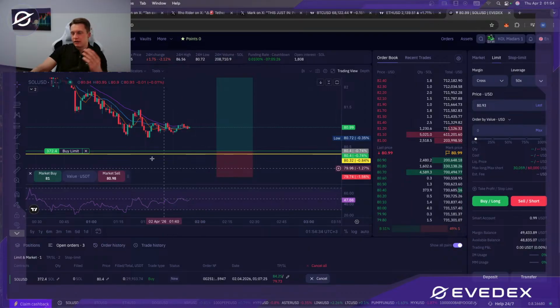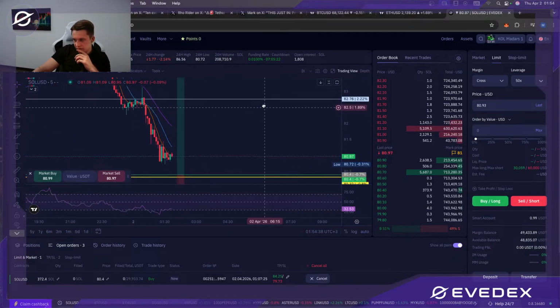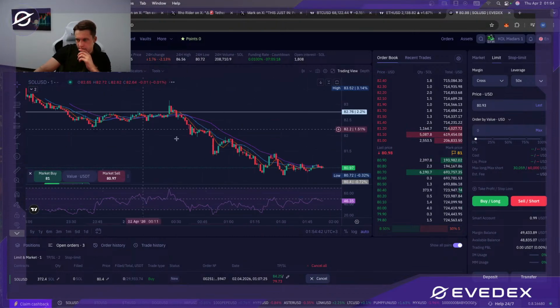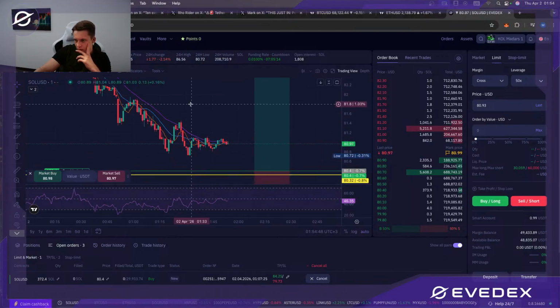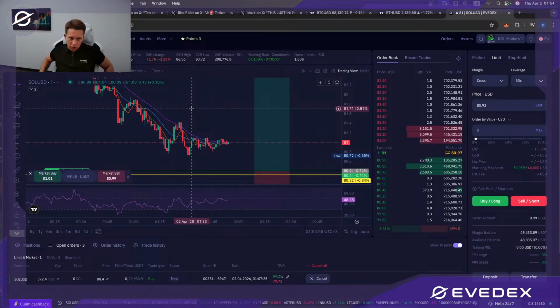All we've got right now is just consolidation. We're not really seeing anything happening. Maybe we've got some price accumulation, just gaining that momentum to go for this level.